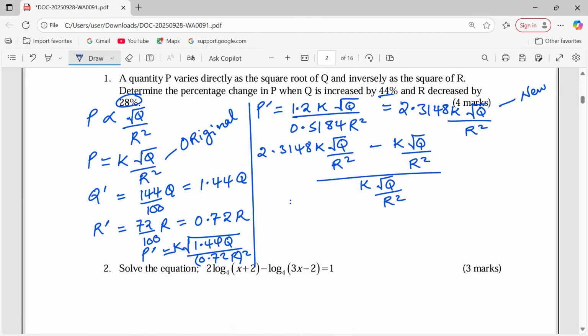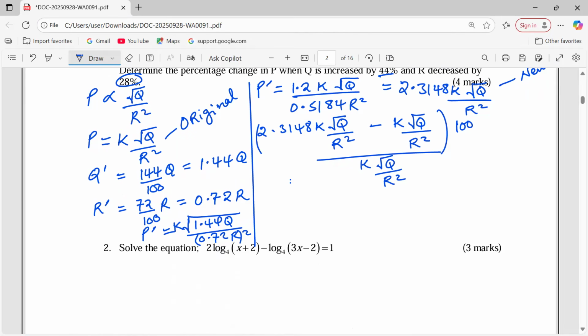For us to get the percentage change now, we are supposed to multiply this by 100. Remember, K is appearing twice in the numerator, so we can factor it out to remain with 2.3148 minus 1 out of K, the root of Q, over R. So from the numerator and the denominator, they cancel out. You're supposed to multiply this by 100.